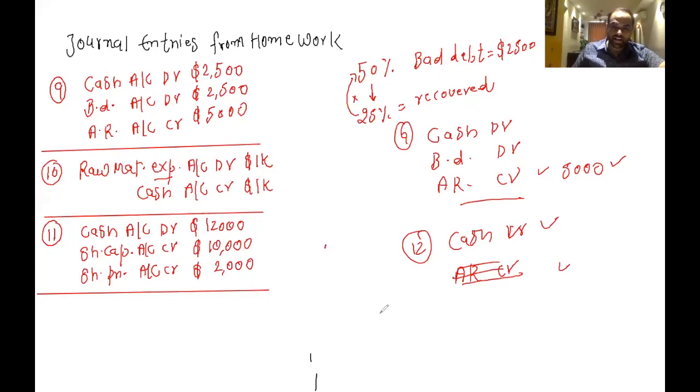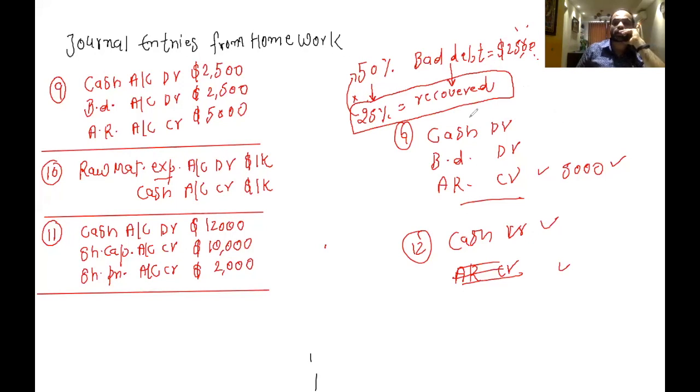So you already understand what bad debts are, but sometimes with bad debts, they decide to return you some money. Here they become bad debts. They're not going to give you this money, right? You're not going to get this money. But later they decide to give you money back, right? If they decide to give money back, this is called bad debts recovered. You're recovering money from bad debts.